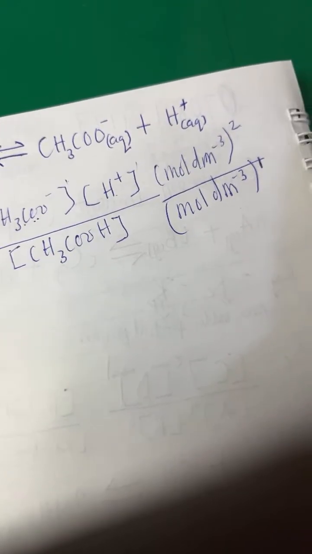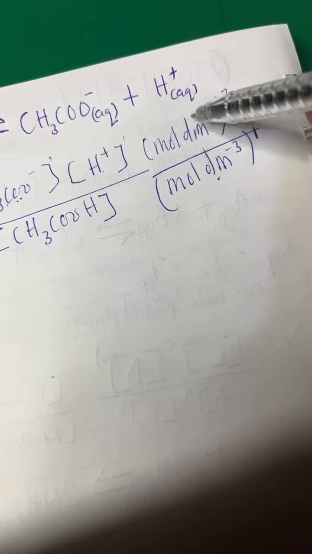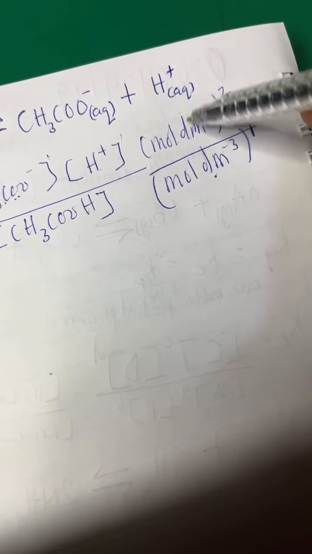If you put this in brackets, it's just raised to power 1. I'm making this very simple for you guys. You can see that the bases are the same, so you can use the subtraction law of indices.